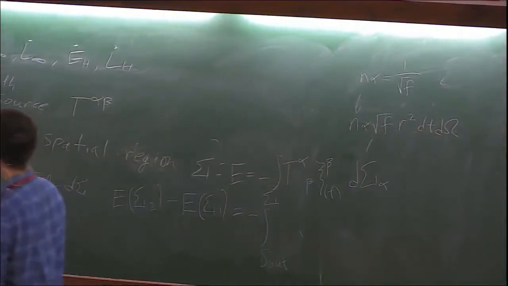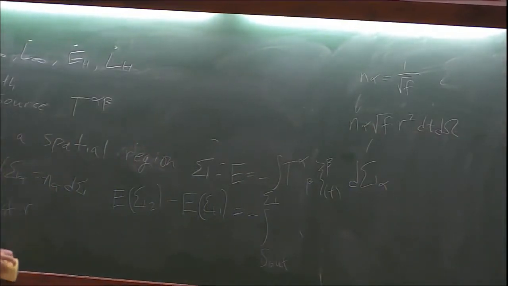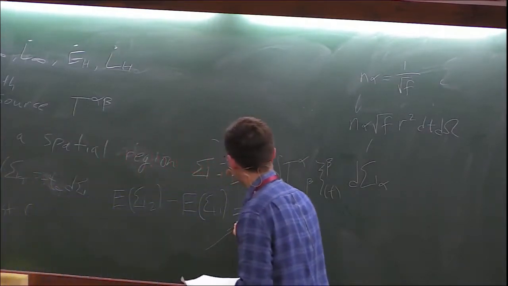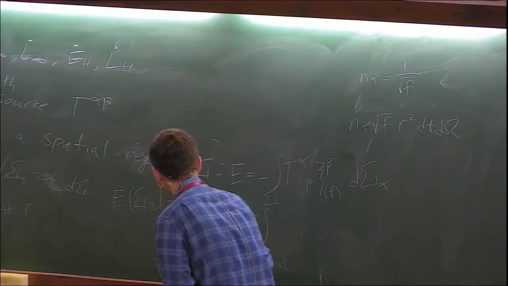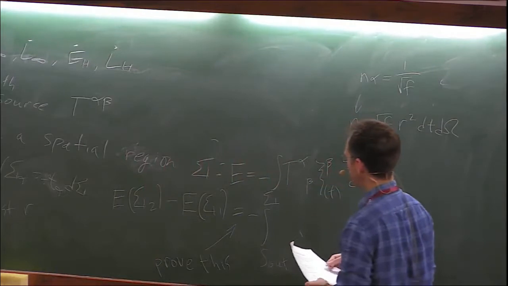And let me change the name of this because I'm using n for two different things here. Let me just call this T alpha. This is minus T alpha. Okay, so as an exercise, you can prove this relationship. Just use Stokes' theorem.